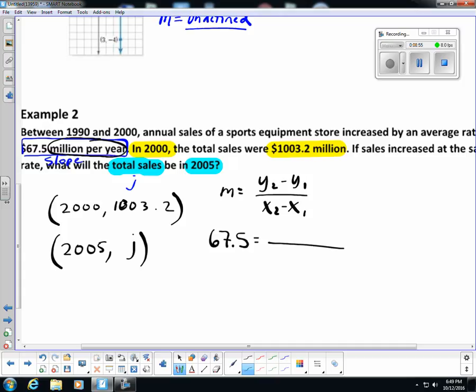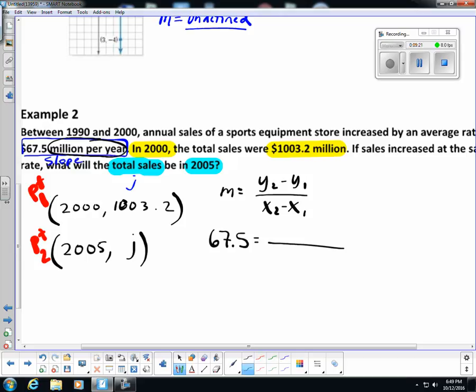Okay, y sub 2 minus y sub 1. When you're doing problems like this, the most recent ordered pair is your point 2. So what's more recent, 2005 or the year 2000? 2005. So this is point 2 and this is point 1. The most recent data is your point 2.